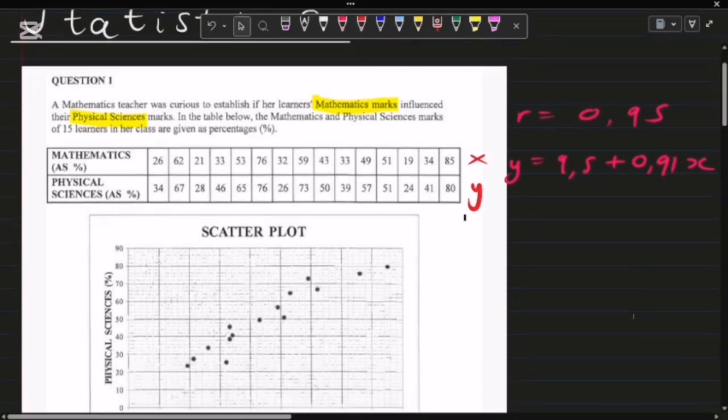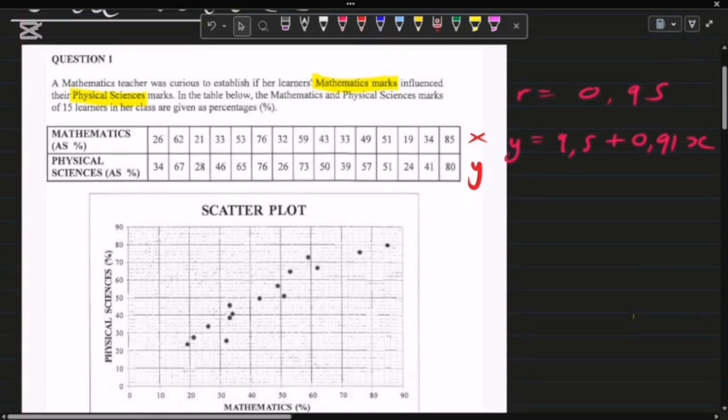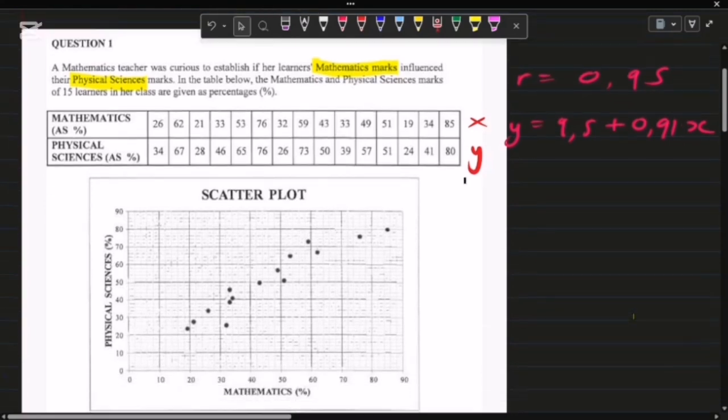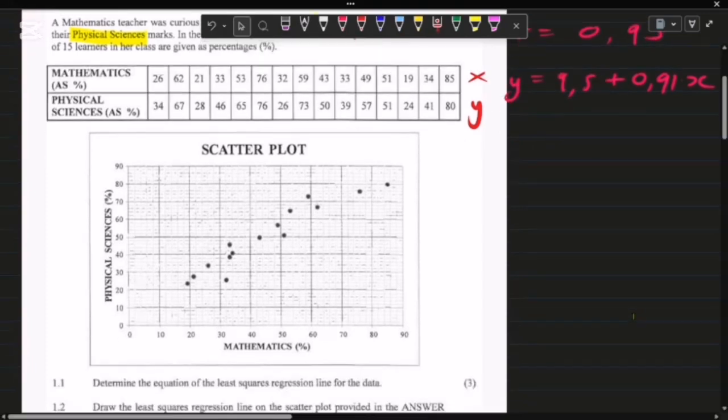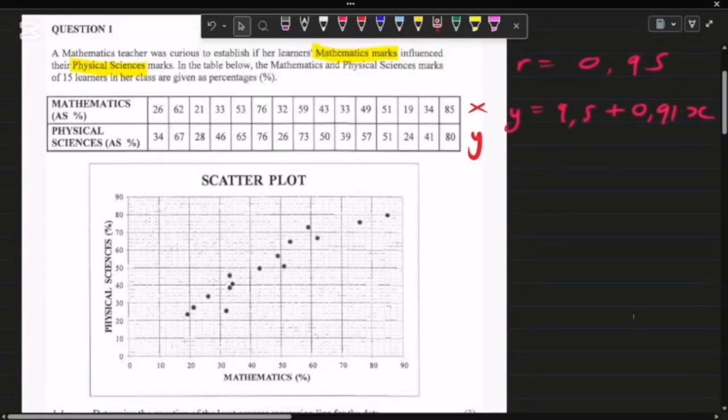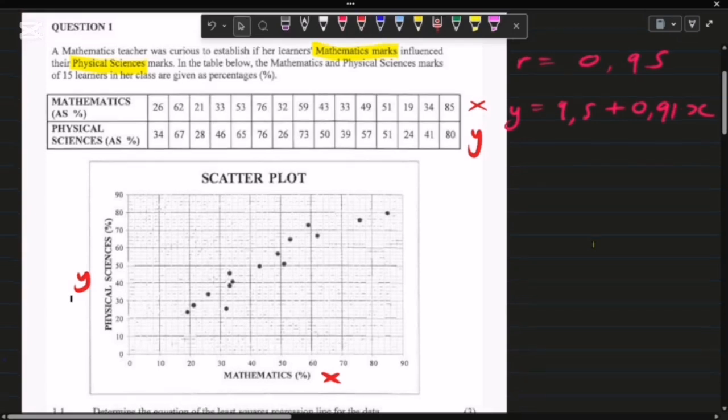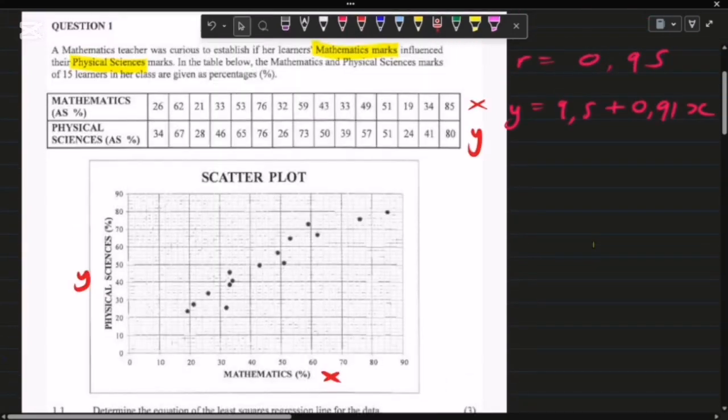Now they give us the scatter plot, and then we know that the scatter plot is just a visual representation which basically represents the relationship between the two variables. So we are representing the relationship between the maths marks, which is the x, and then the physics marks, which is the y. Now we can draw a line that best fits this data, right?